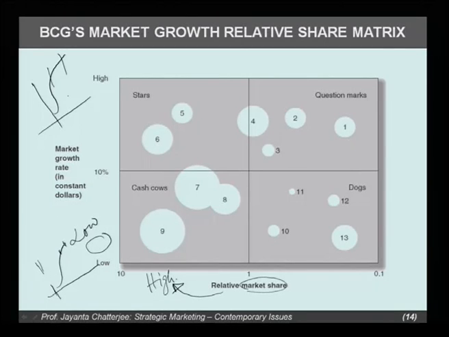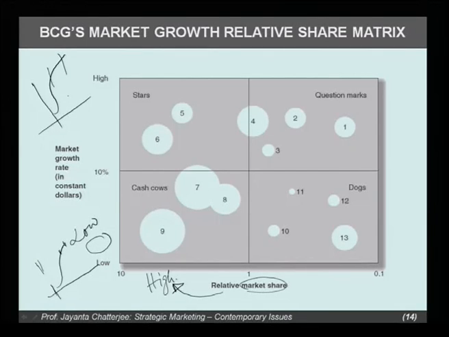Now, what happens at this stage? At this stage, usually people who are having smaller market share, they do not find the business attractive enough. So, usually there is a shakeout when the market starts maturing.